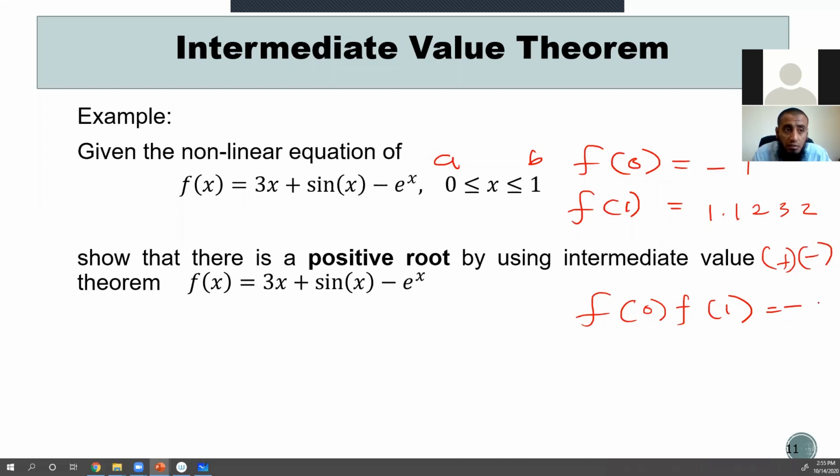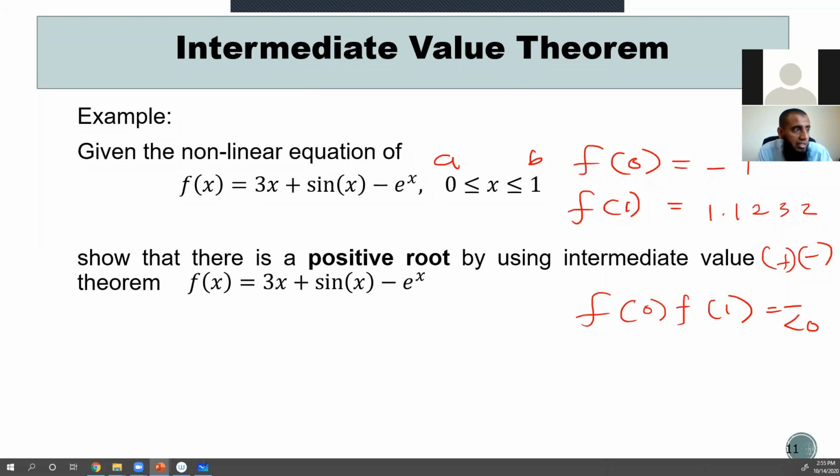Yes, so negative. Negative mean that is less than 0. So when the value is less than 0, there is at least one root. Not sure, maybe 2 or 3 at that point, we don't know, but at least one root.